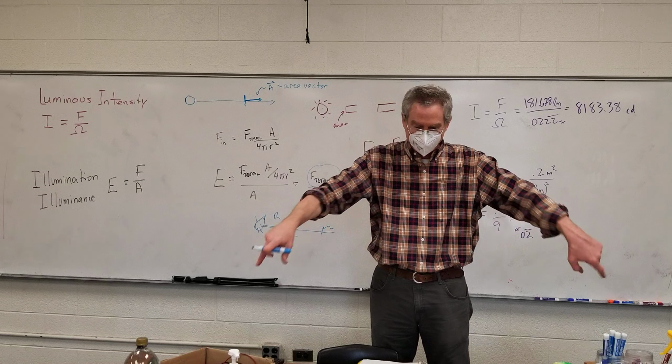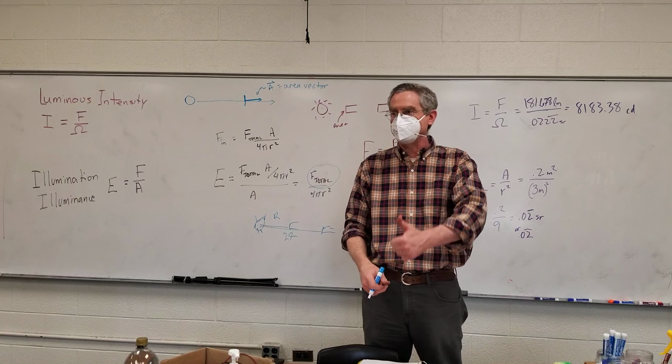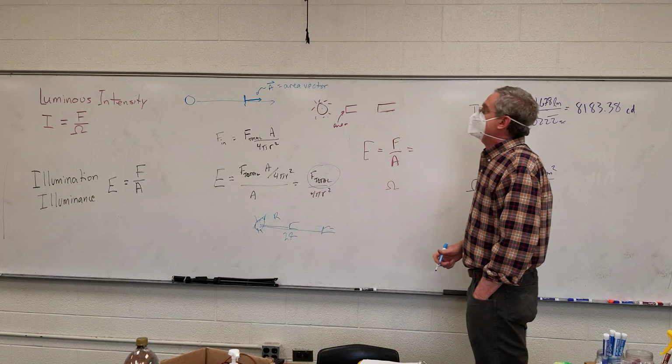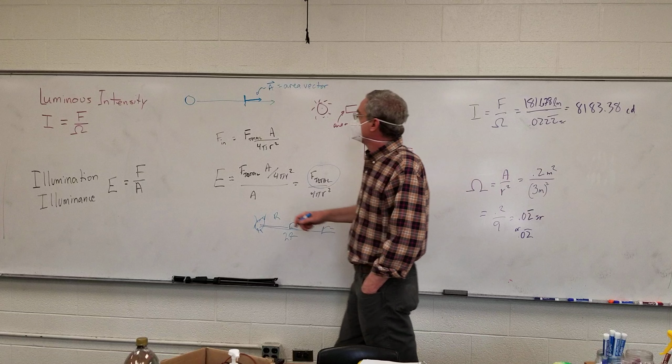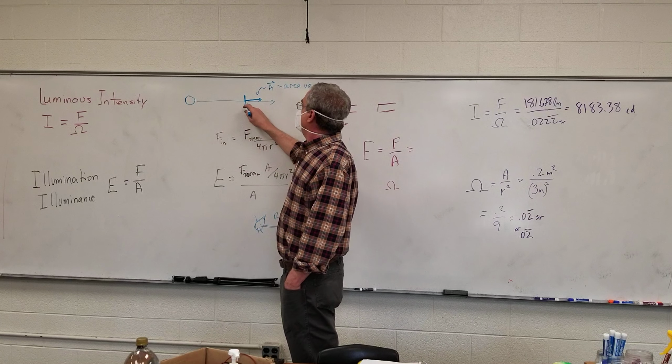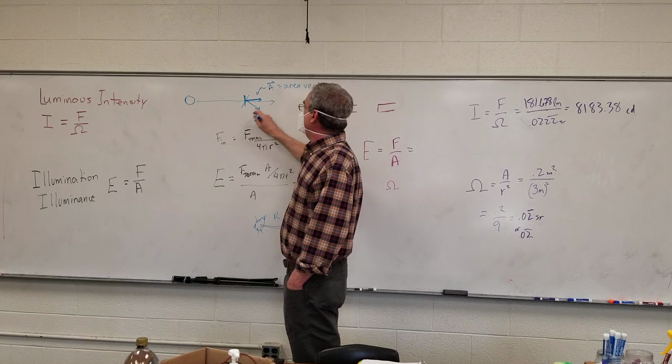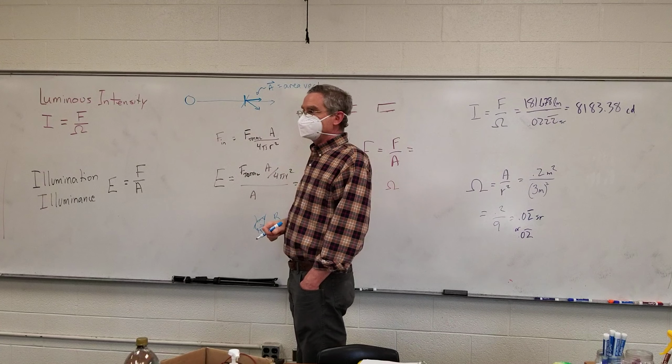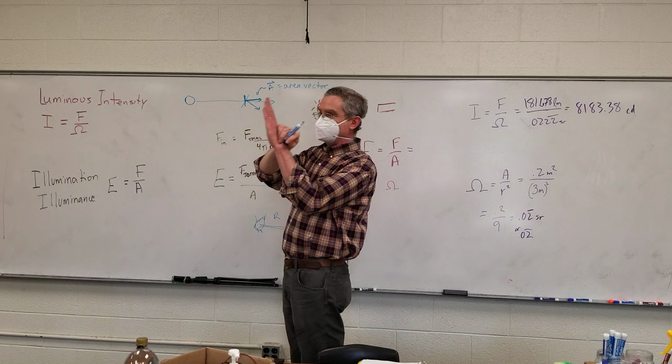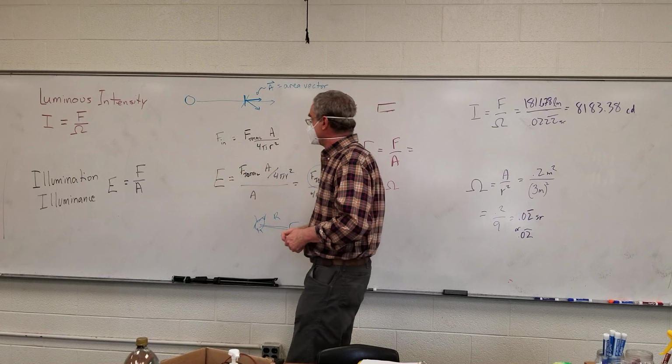The magnitude is the actual area, but the direction is perpendicular to it. So if we tilt this at an angle, that area vector starts changing with it. It's always just going perpendicular to the surface as the surface changes.